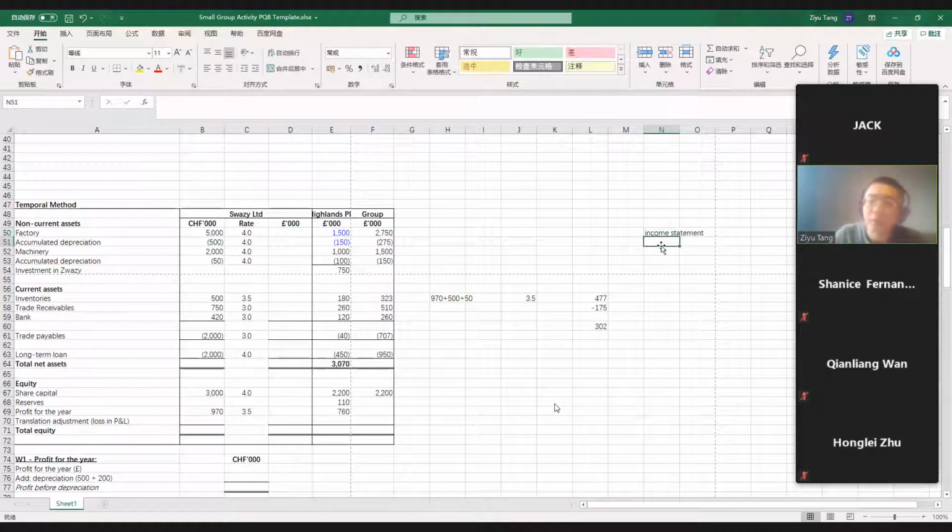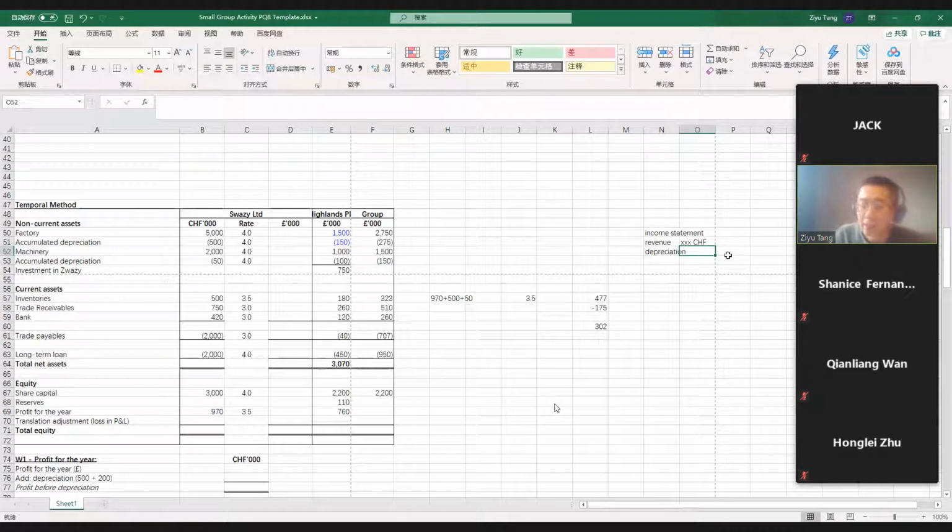we have the revenue, right? Revenue is XXX, counted in CHF.